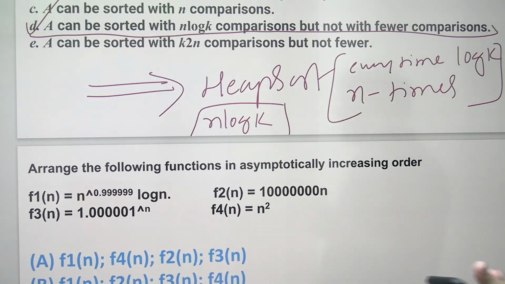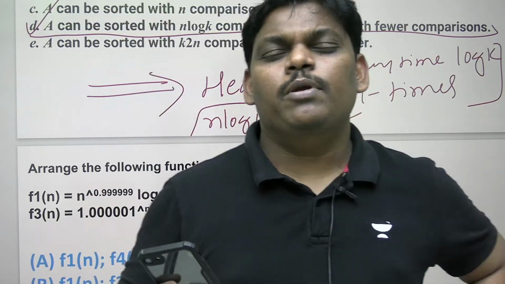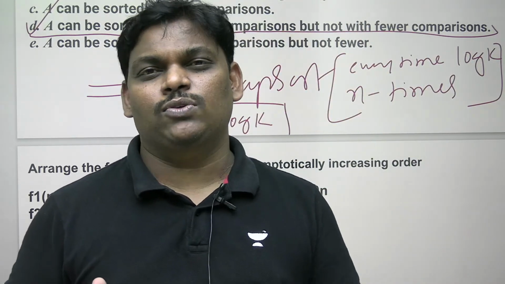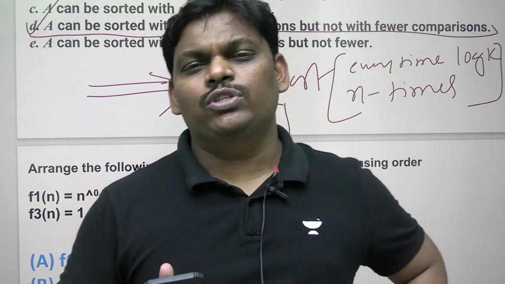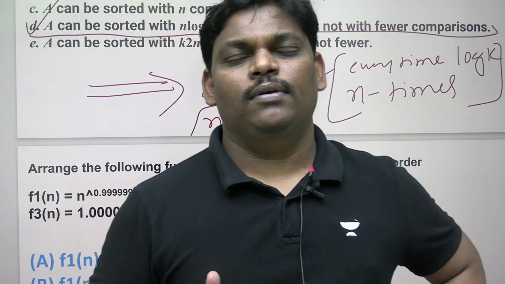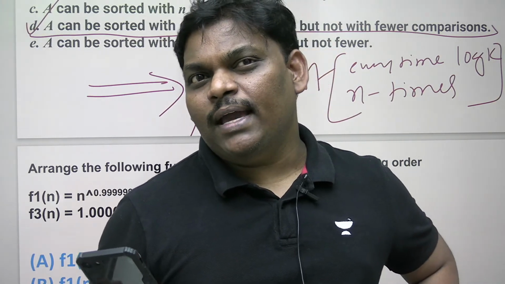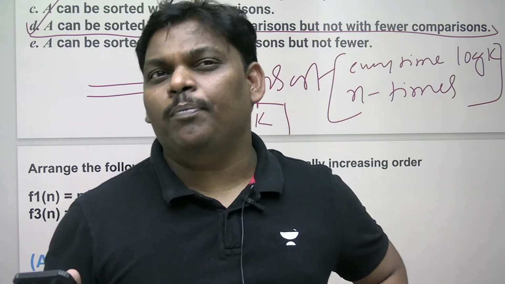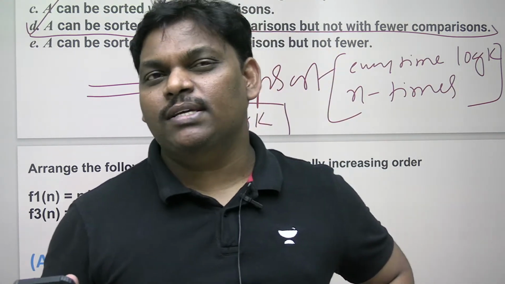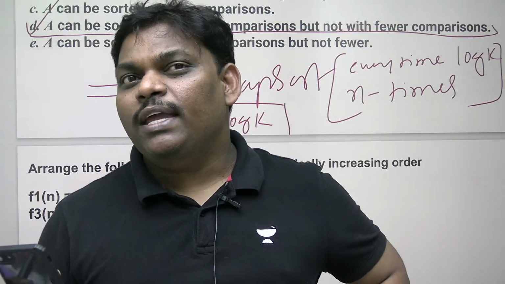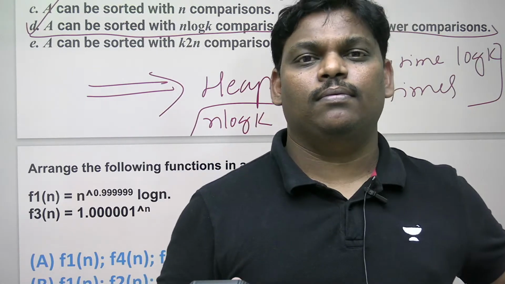Some people are asking, sir, how? I am giving the hint also. You want to sort the array A which contains n people. See the beautiful thing here: in that array every element is at most k positions away from its correct position.